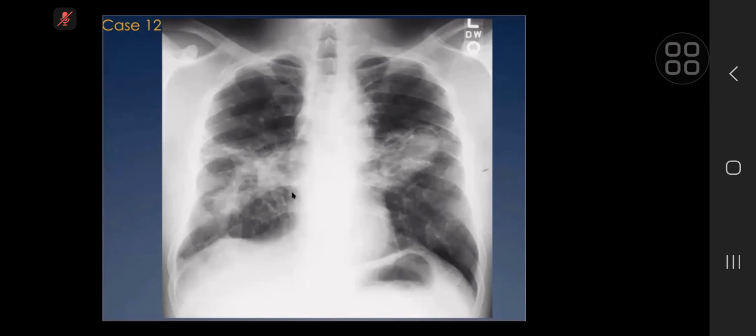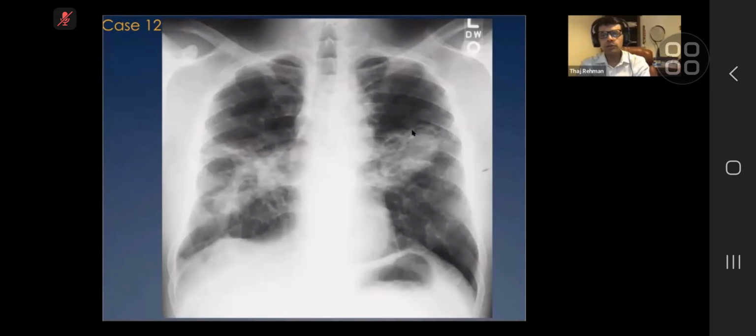Initially, I thought about progressive massive fibrosis. Yeah, that's a good thinking, because perihilar large consolidation is the appearance of progressive massive fibrosis. But progressive massive fibrosis is usually a bit more upper mid. That's a good thinking. Go ahead.